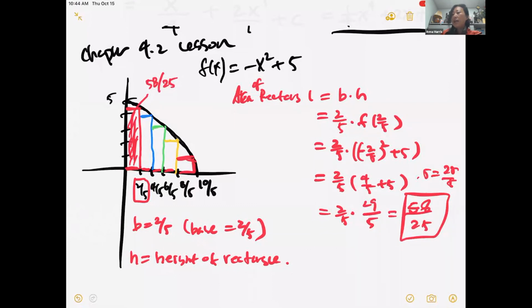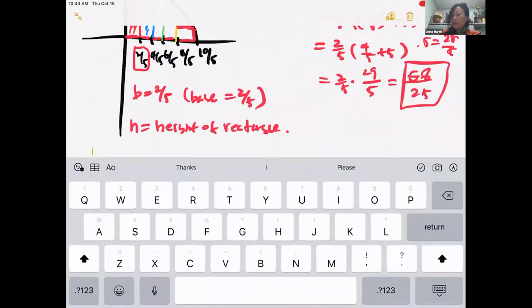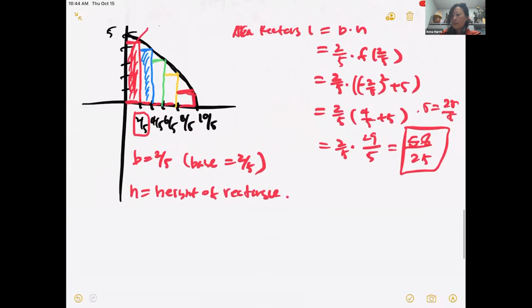Okay, let's find the area of the second one, the blue rectangle. Again, base times height.